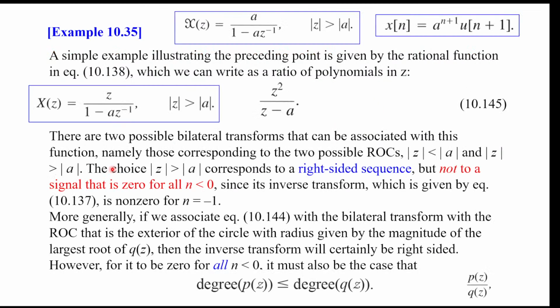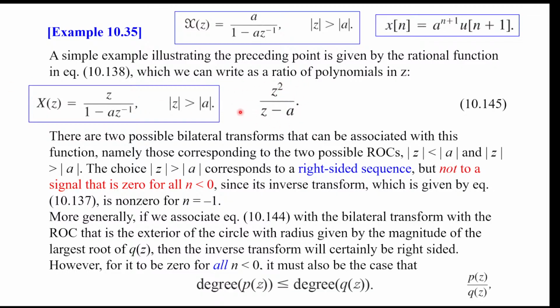For example, take this time-advanced signal, x of n equals a to the n minus 1 times u of n. We know its bilateral Z transform is z over 1 minus a z to the minus 1, with the RoC being outside. If we write this as a rational function of z, it will be z squared over z minus a.